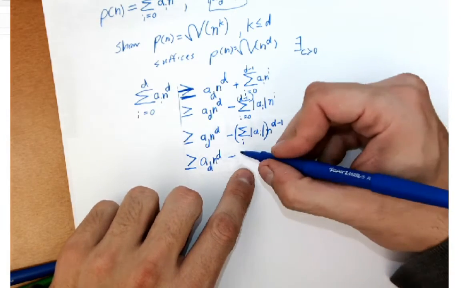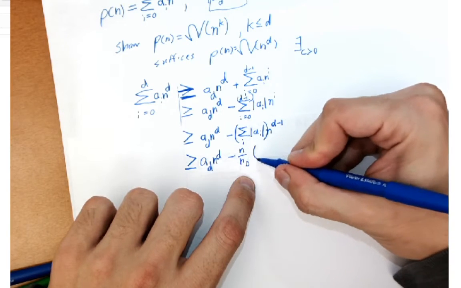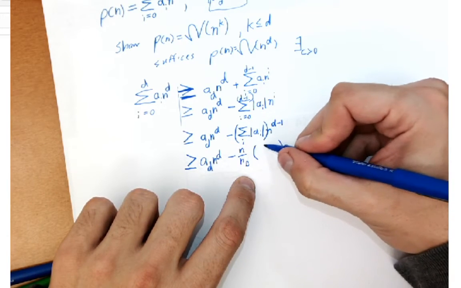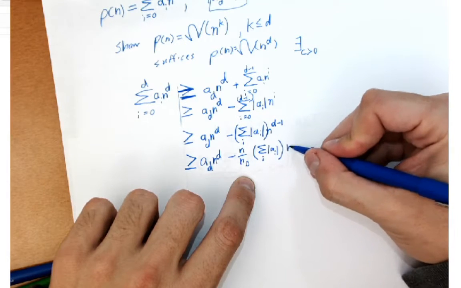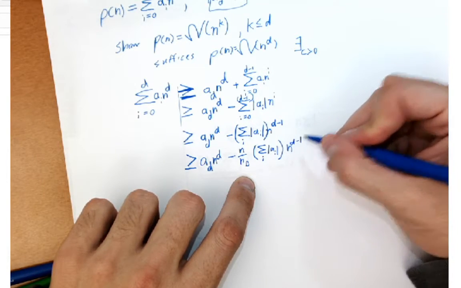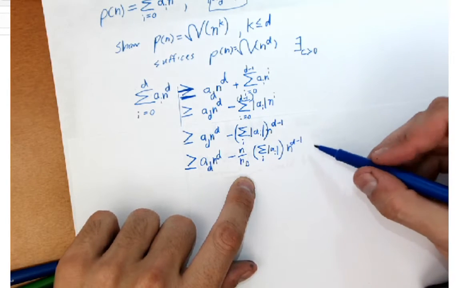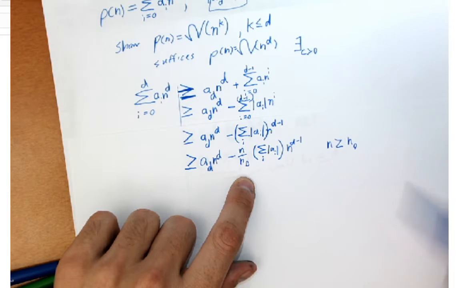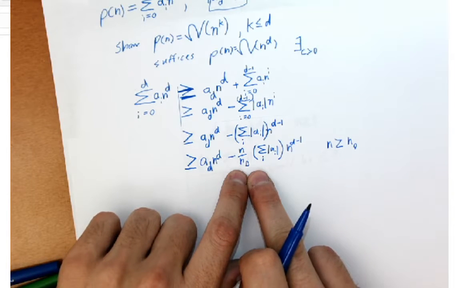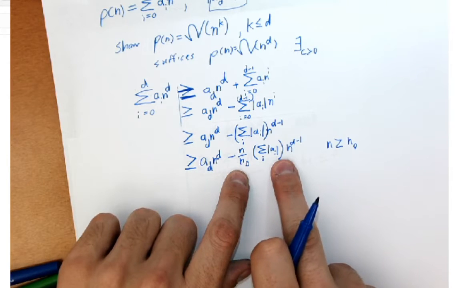I can take n divided by n naught times that whole constant thing in there, times n raised to the power d minus 1. That's a perfectly legit thing to do, and that will be true as long as n is greater than or equal to whatever I pick for n naught. Okay, so I get a little bit of freedom here, right? And that way n naught can be used to shrink the effect of this constant.